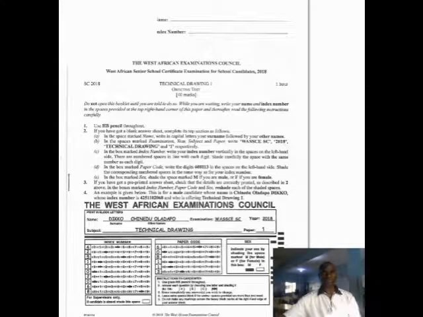We are hoping that by joining this section of the technical drawing practice, the theory together with the practical that we have been answering all this while, we should be able to have a balanced understanding and prepare ourselves very well for the exam that is coming.